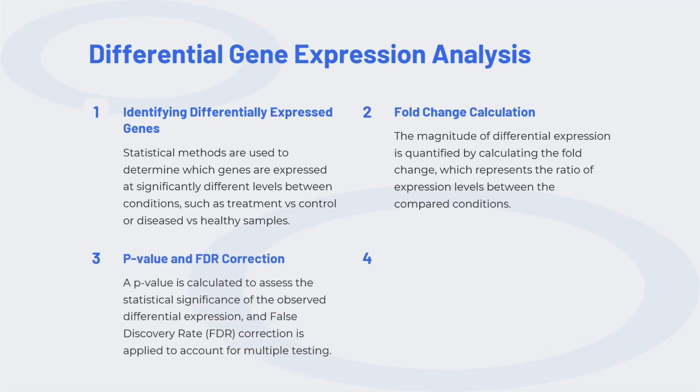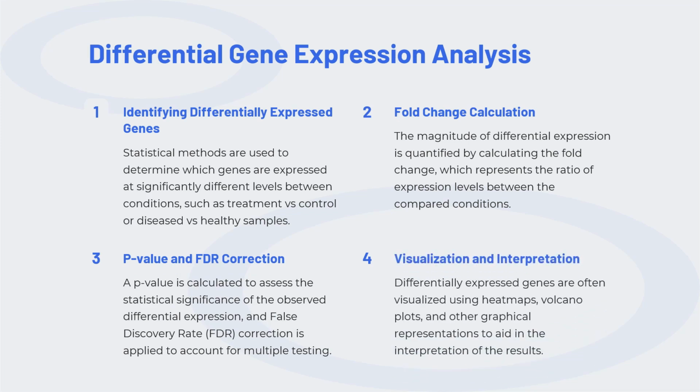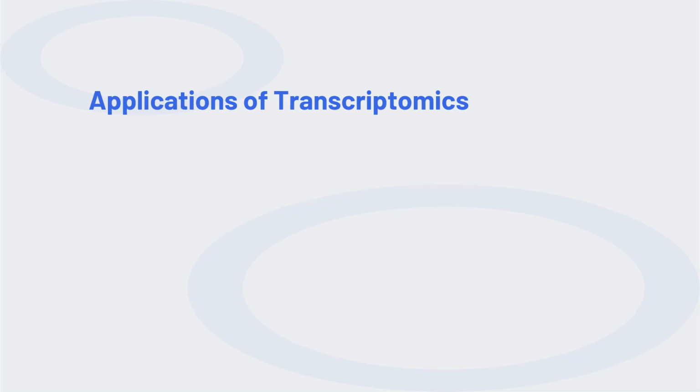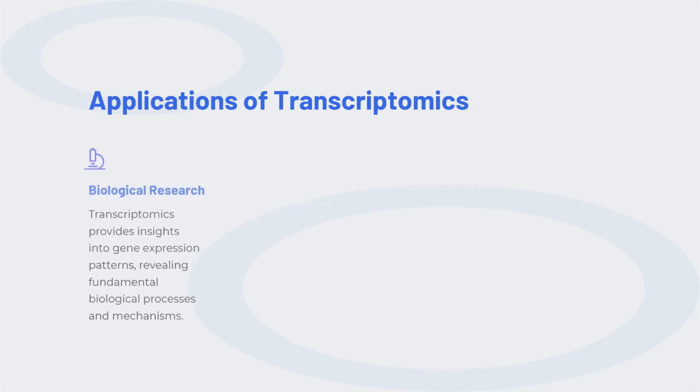Then we have the p-value, which is the significance of differential expression. And then we have false discovery rate correction as well. Also, differentially expressed genes are visualized using heat maps, volcano plots, and other graphical representations to interpret the results as well.